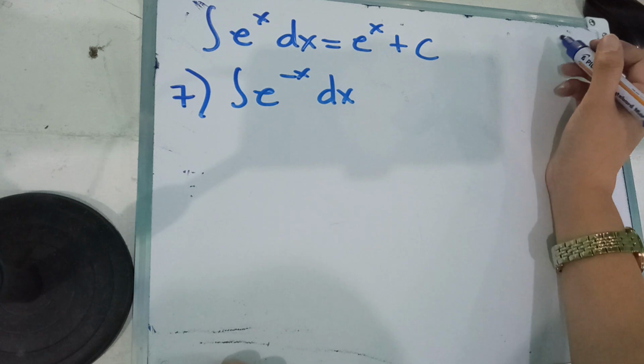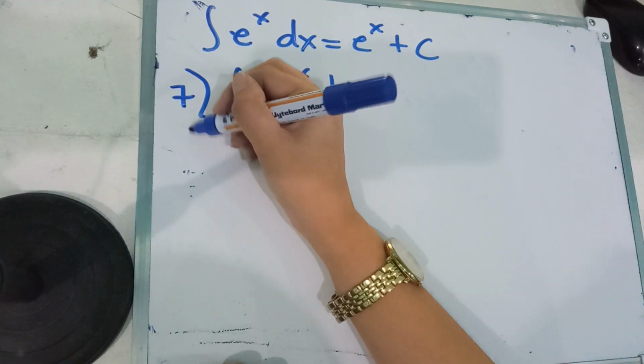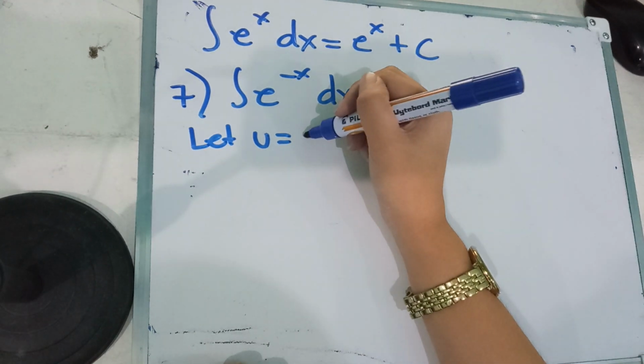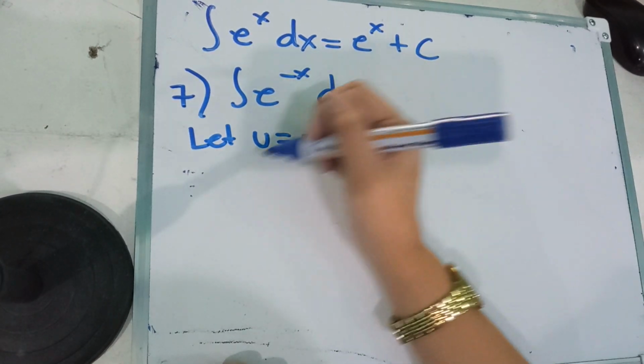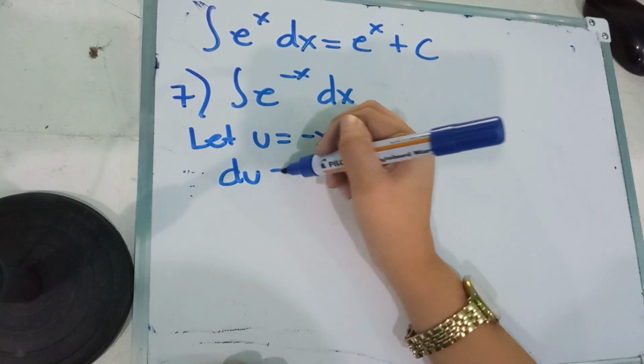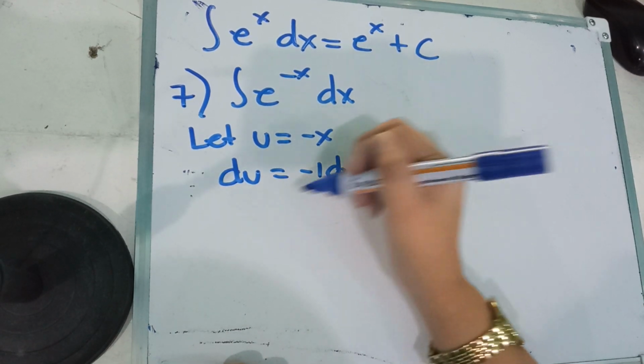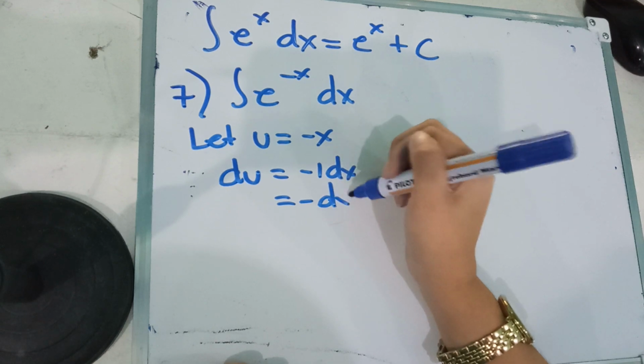Now using U substitution, we can let u be equal to negative x. Now du, that is simply negative 1 dx, or simply negative dx.